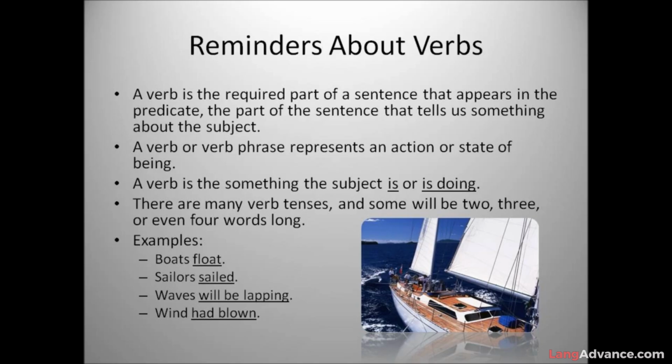Some of them can even be up to 4 words long. So for example, boats float, float is the verb, sailors sailed, sailed is the verb, waves will be lapping is the verb phrase, and had blown is the verb phrase in wind had blown.